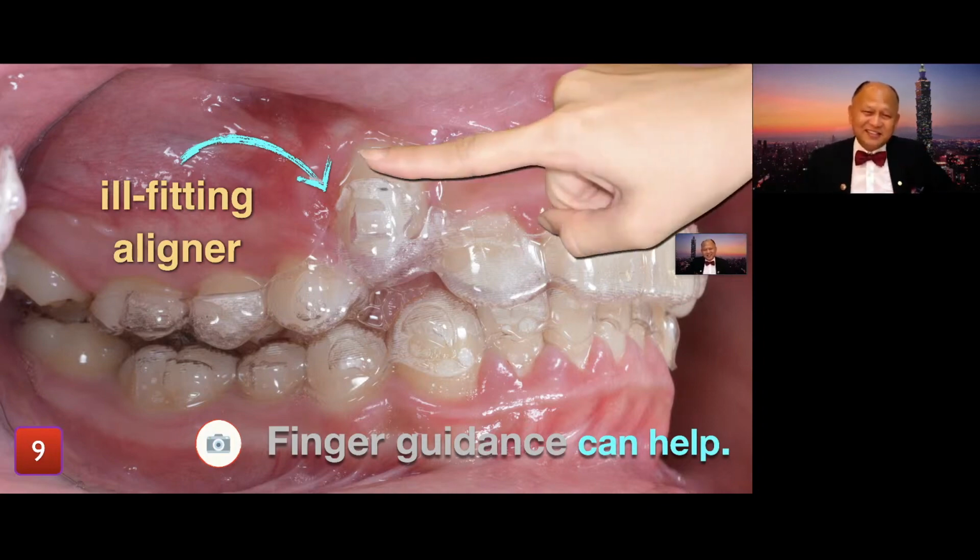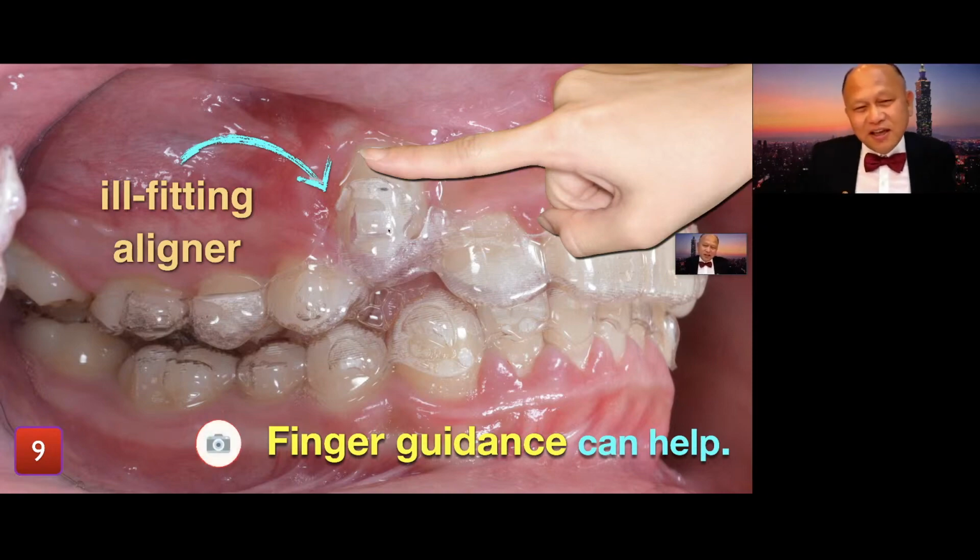But in this case, I strongly suggest you use finger guidance, not your finger, the patient's finger. Ask the patient to use his finger to push this down and inward and downward, called finger guidance. It's as important as incisor guidance and canine guidance.